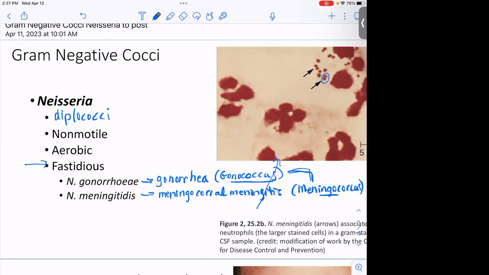Okay, so we're going to talk about gonorrhea first, but we've talked about several different organisms that cause meningitis. So the Neisserial meningitis, again, we call them meningococcal meningitis.